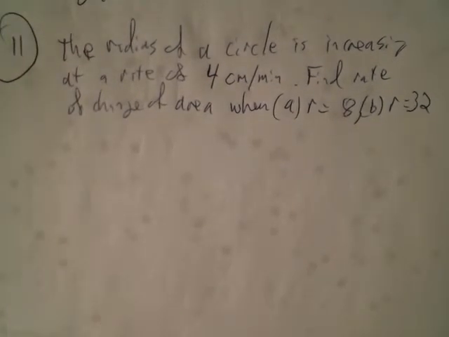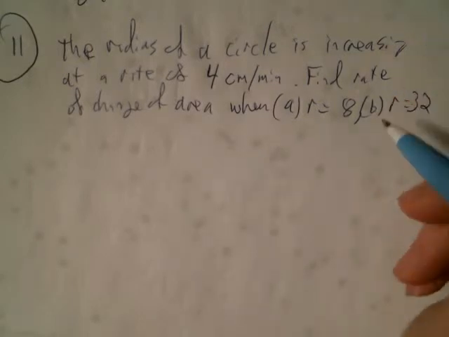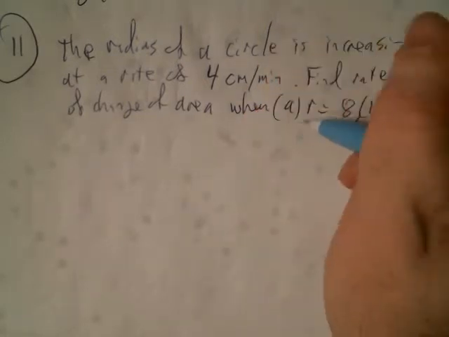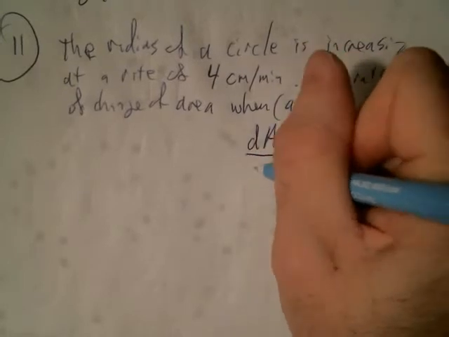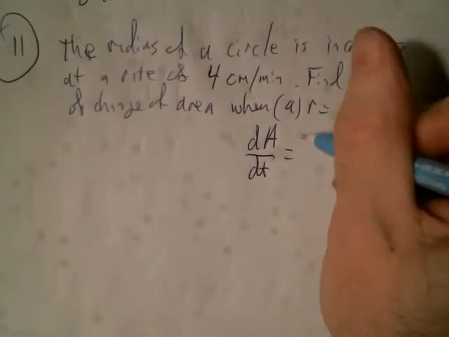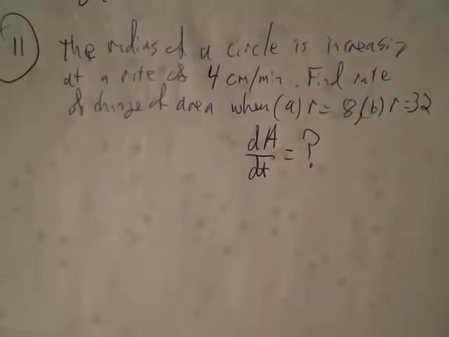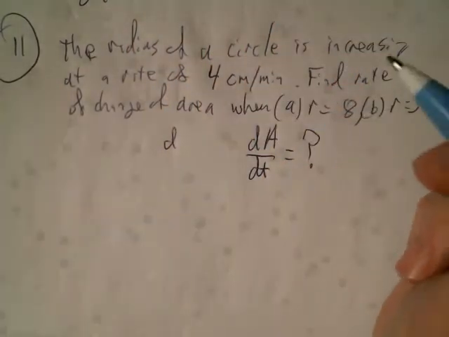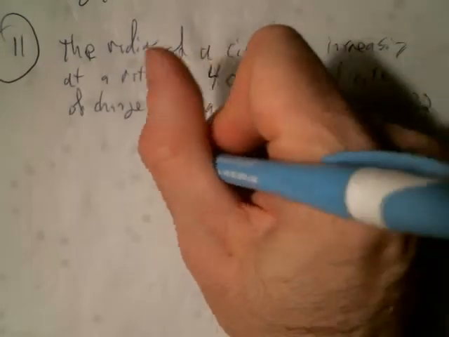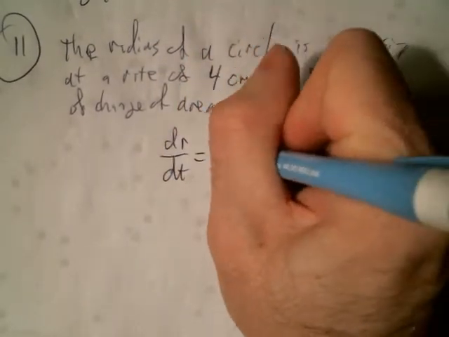Okay, so first you want to form an equation that relates everything. What we're after at the end of the day is the rate of change of the area with respect to time. We're given the rate of change of the radius with respect to time.